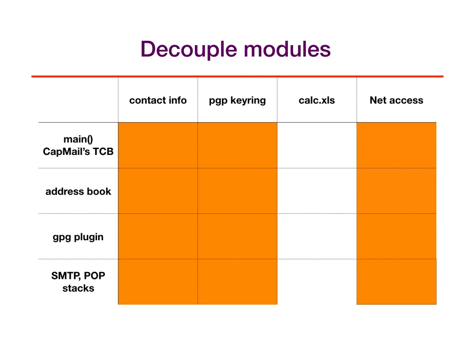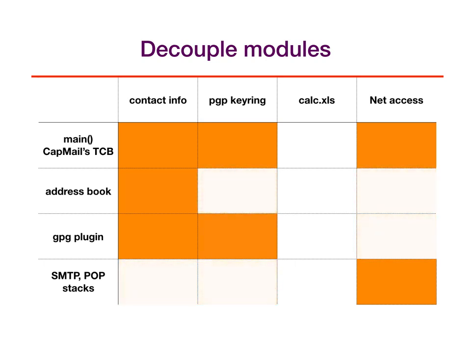Well, capmail, being written in an object capability language, does not need to give every module complete access to all of the resources that are given to capmail as a whole. Rather, the different modules can be structured to get only the parts that they need to operate on, and the address book does not need, for example, access to the net or the PGP keyring.